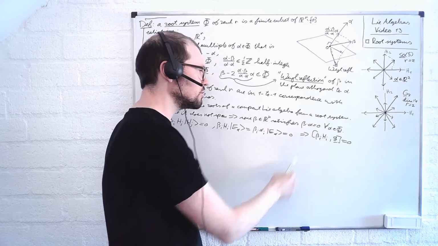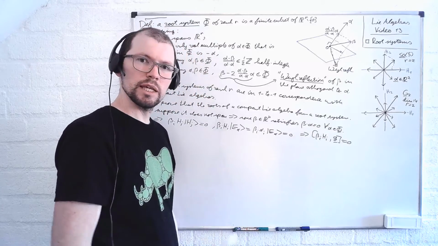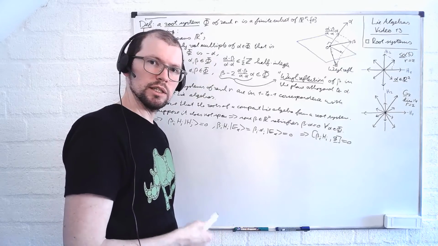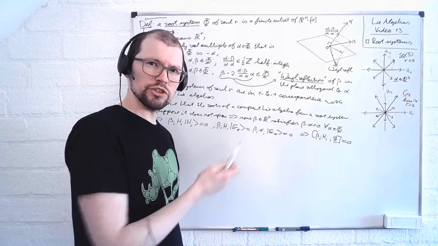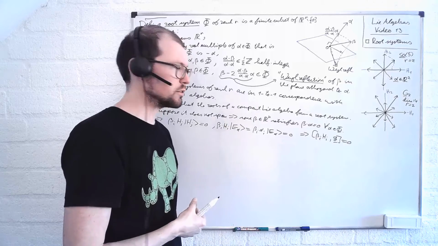And if you recall from last time, the nilpotent elements in your Cartan-Killing metric correspond to zeros on the diagonal.